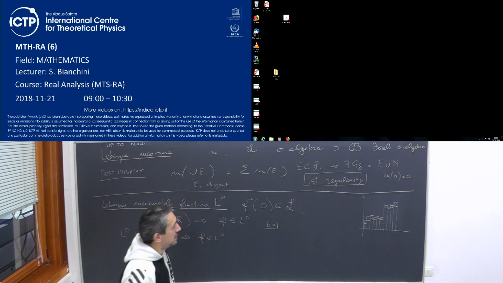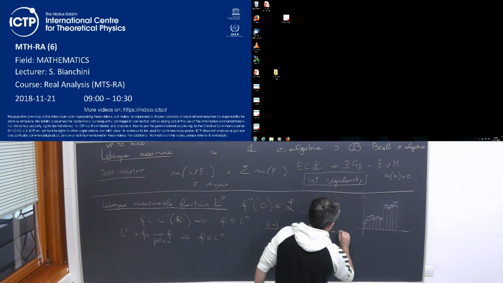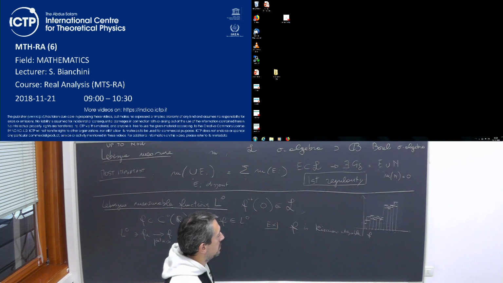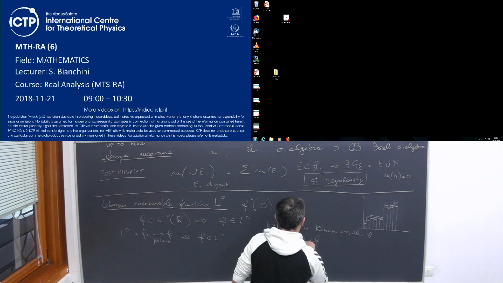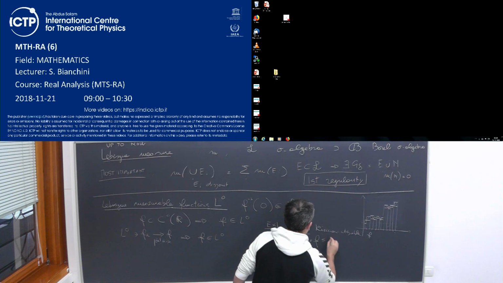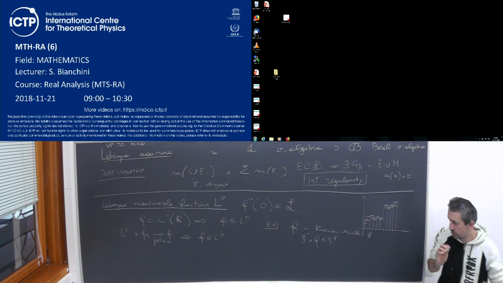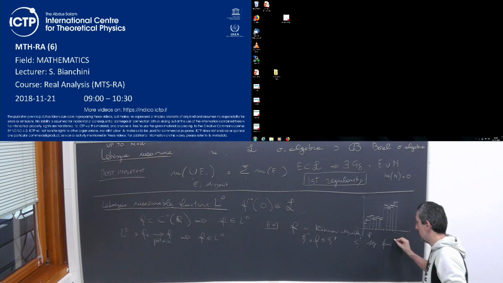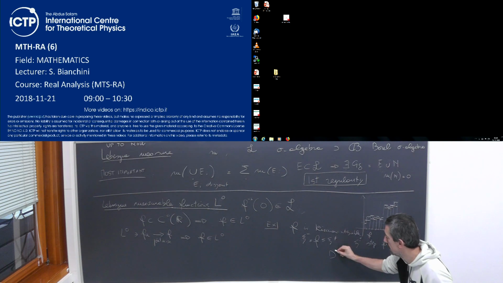So f is Riemann integrable if f is between, let's say, two functions, phi minus and phi plus, and these functions are simple functions, step functions, sorry, step functions, and the two integrals converge.